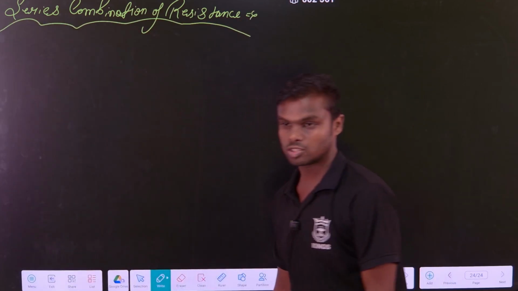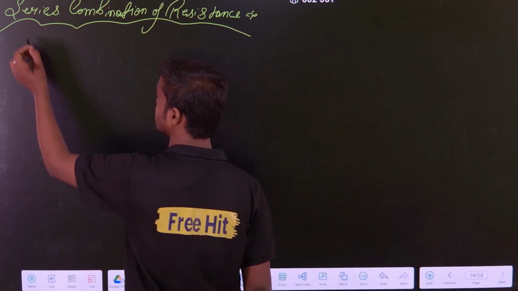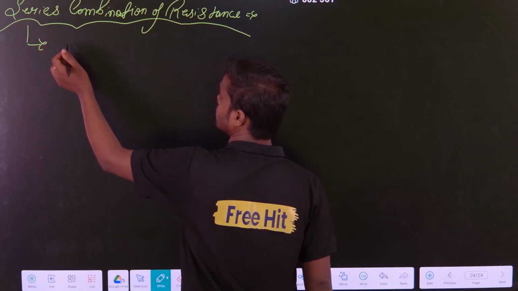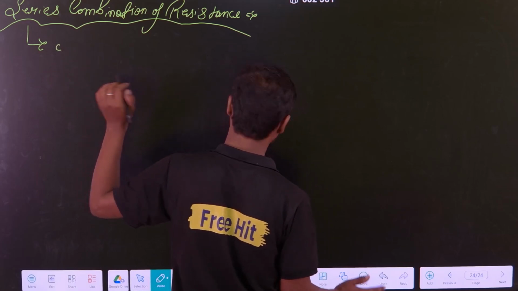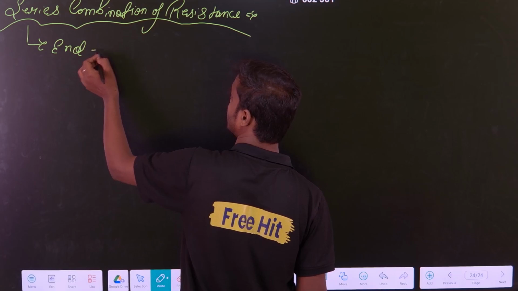See, what is series combination of resistance? First, what do you understand by series combination? Series combination means simple. That definition is always true: the current will be the same. Or you can say, what is the exact meaning? That is end to end connection.